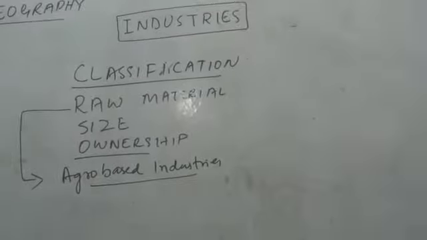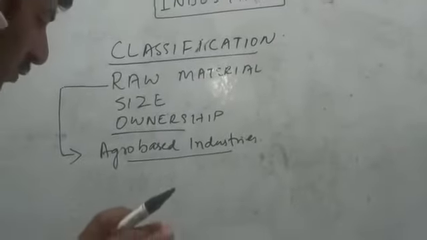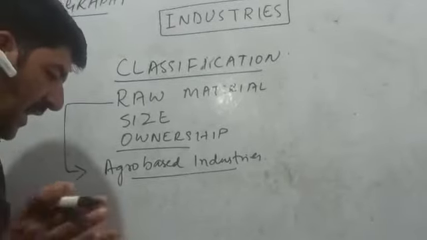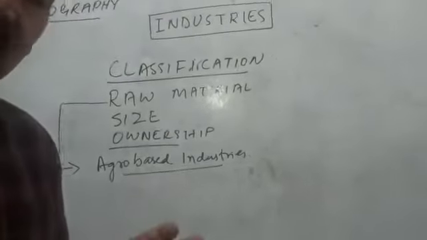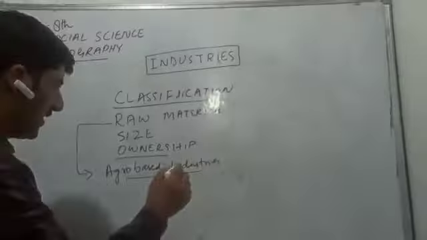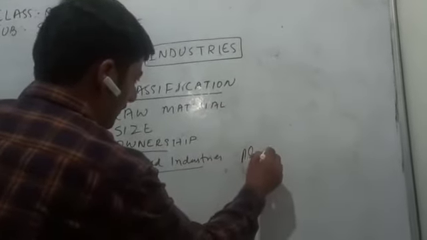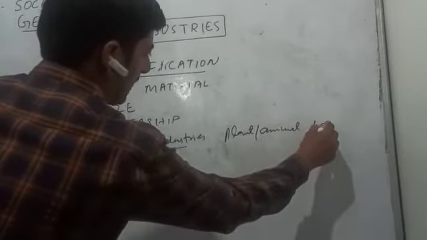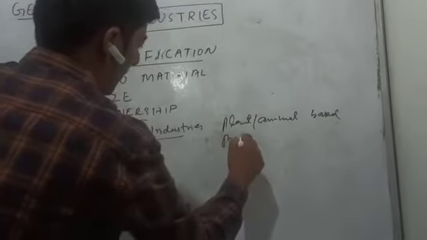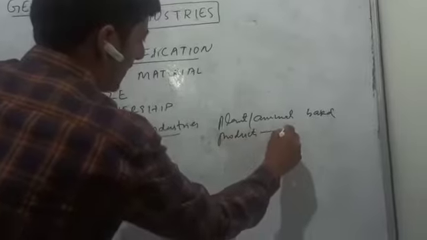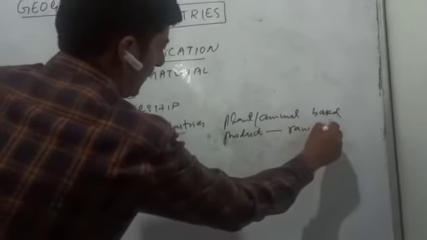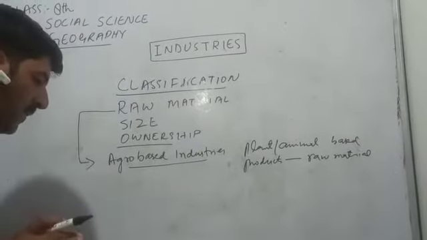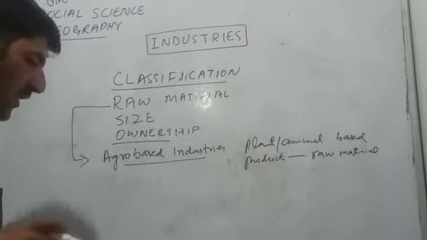Agro-based industries are those industries which use plant and animal-based products as their raw material. For example, cotton textile.